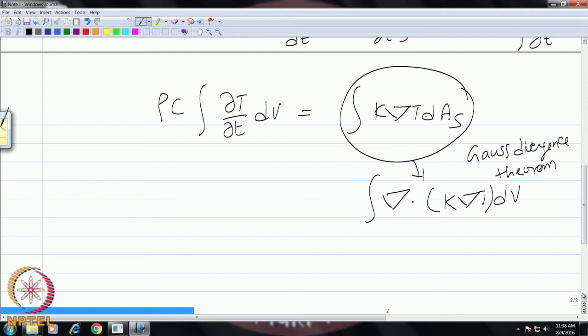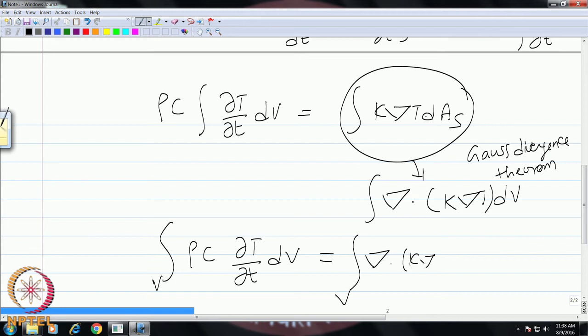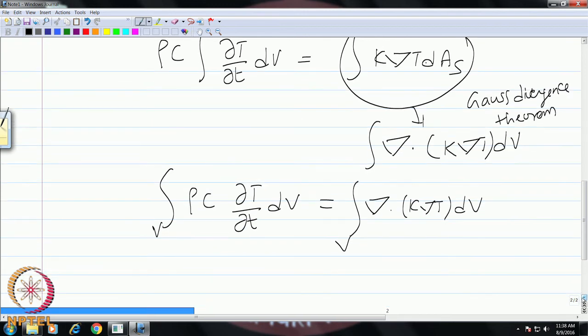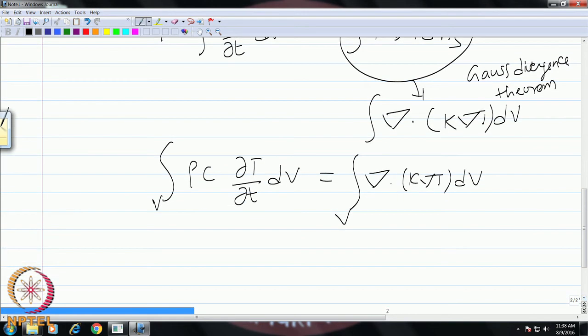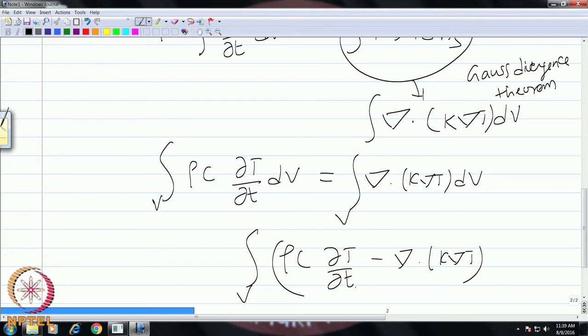So, therefore, now this can be written as integral rho C dT by dt dV is equal to, this is also a volume integral, del dot k del T dV. Okay. So, therefore, if you take this volume integral common, you have rho C dT by dt minus del dot k del T dV is equal to 0, right.